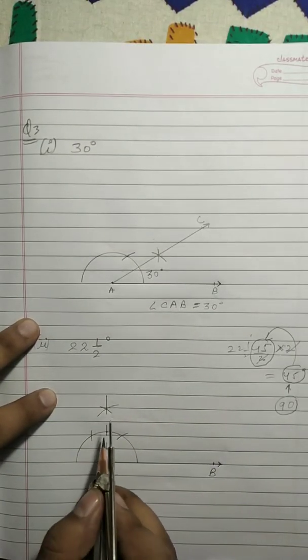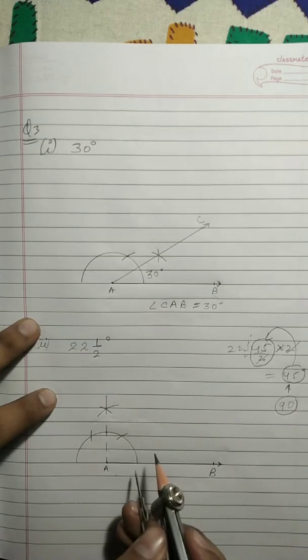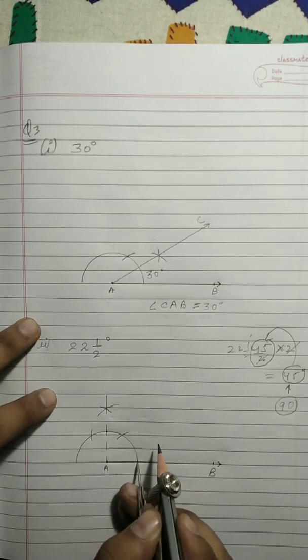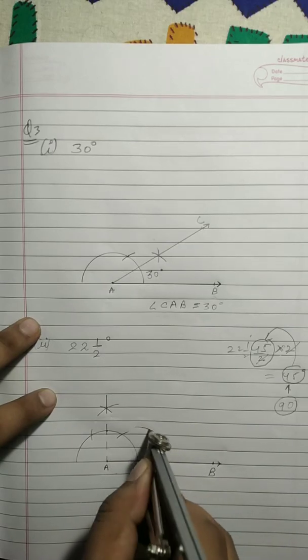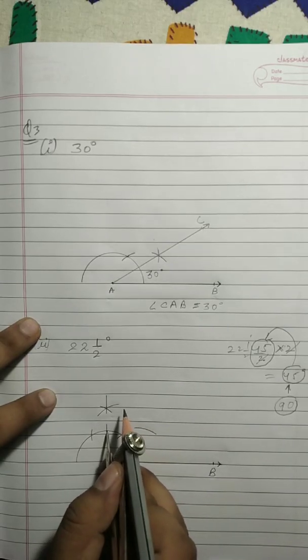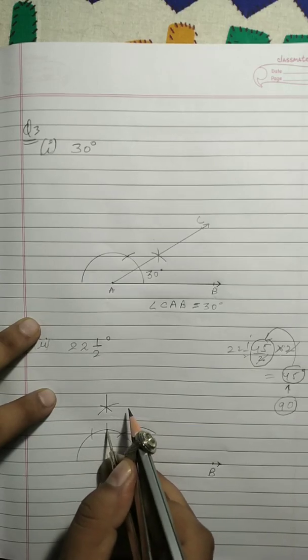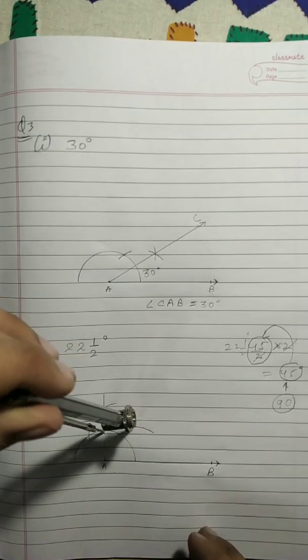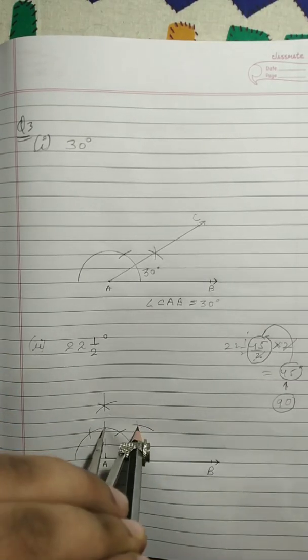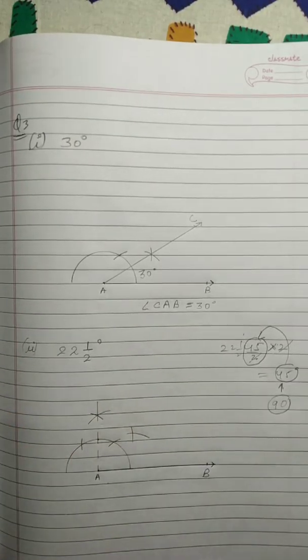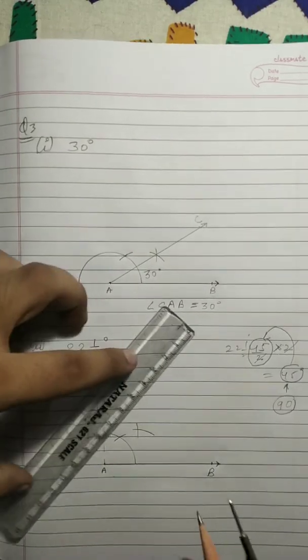Here. So from here and 0 we can make an angle of 45 degree. So this, and from this side we can make arc, so this is 45 degree intersection.